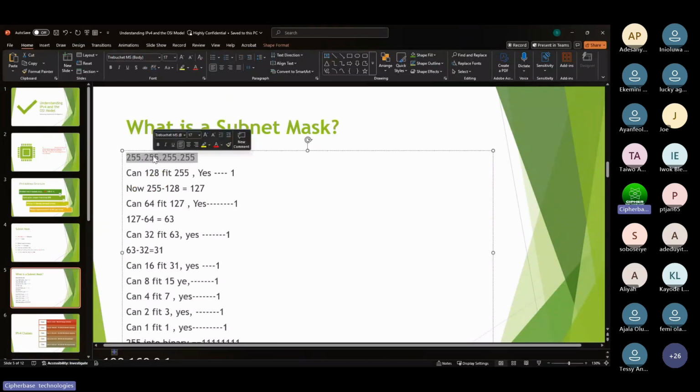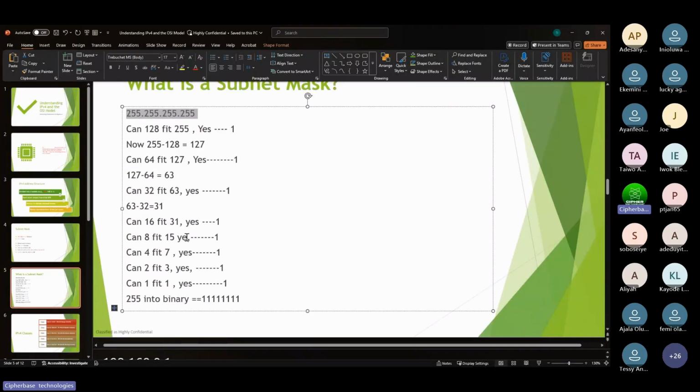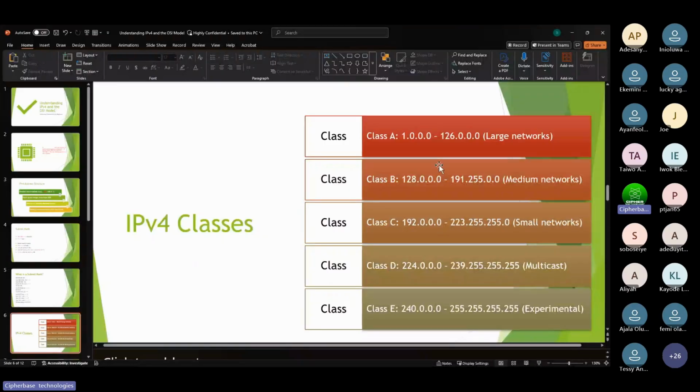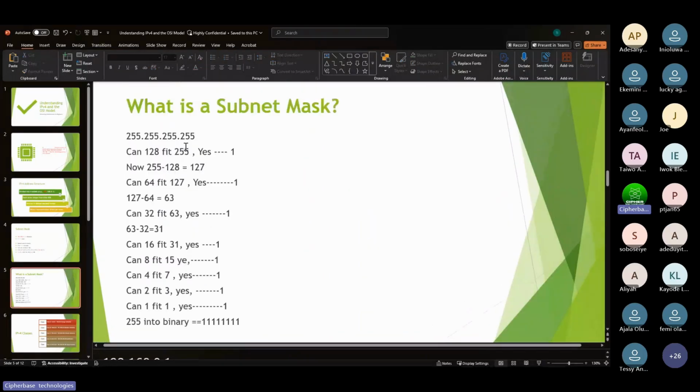In any organization that you find yourself, if you want to start an organization now, we have this. By the time you split it, we now call it segmentation. That is, you split it so many devices can be connected. Let me use a case study. I know most of us are already working with an organization.